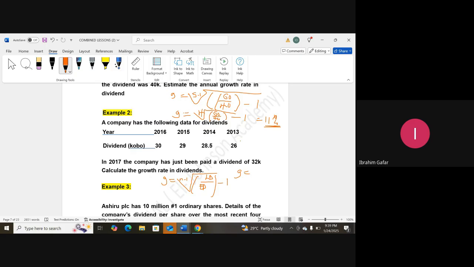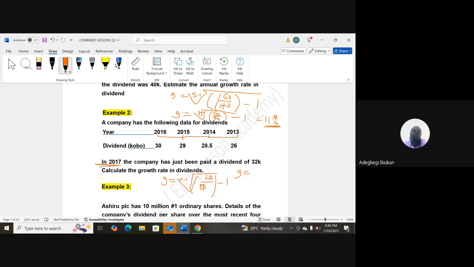Okay, our N is 4 years, because if we count from 2013 to 2014, that is 1, right? 2014 to 15, that is 2. 2015 to 16, that is 3. And 2016 to 2017 that's given to you, that is 4 years. Hope it is clear.